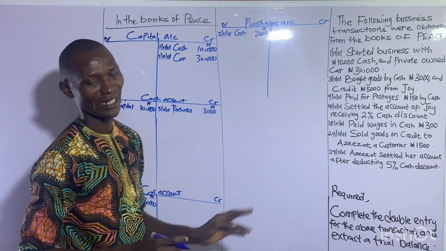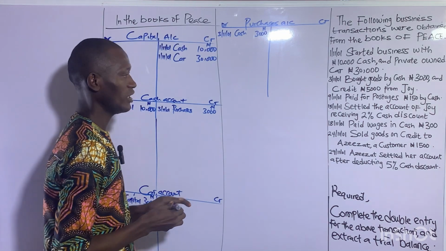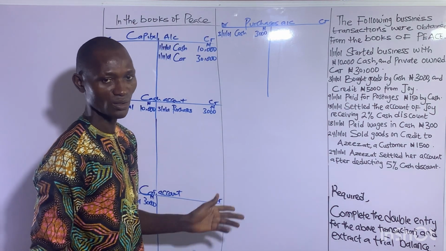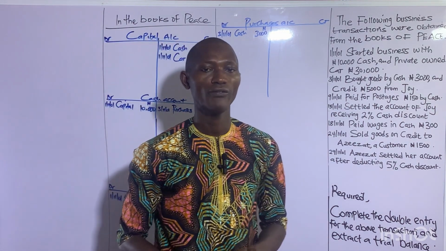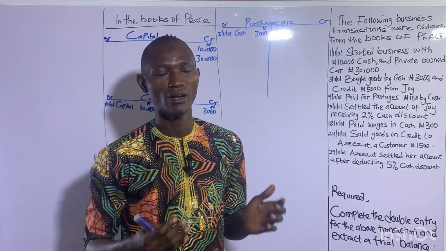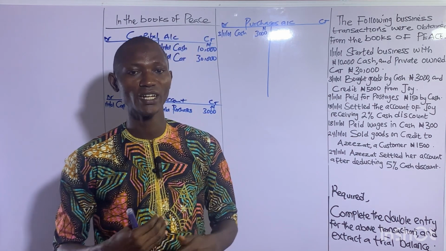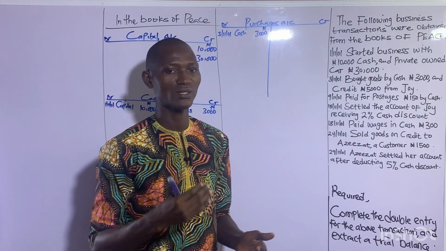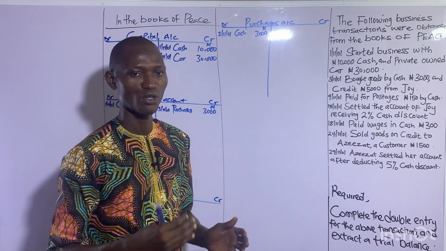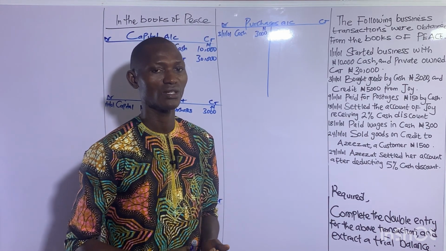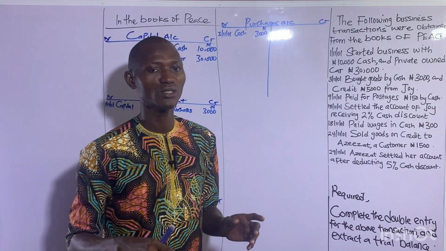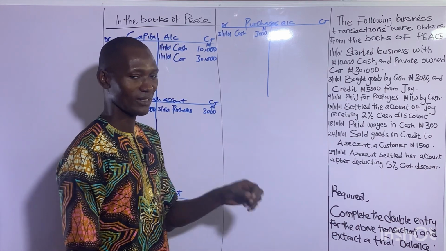Always put your naira sign in every account, because of the money measurement concept, which states that for the purpose of recording in financial accounting, all financial transactions must be quantified in monetary terms. And the unit of currency used must also be stated in that same transaction.